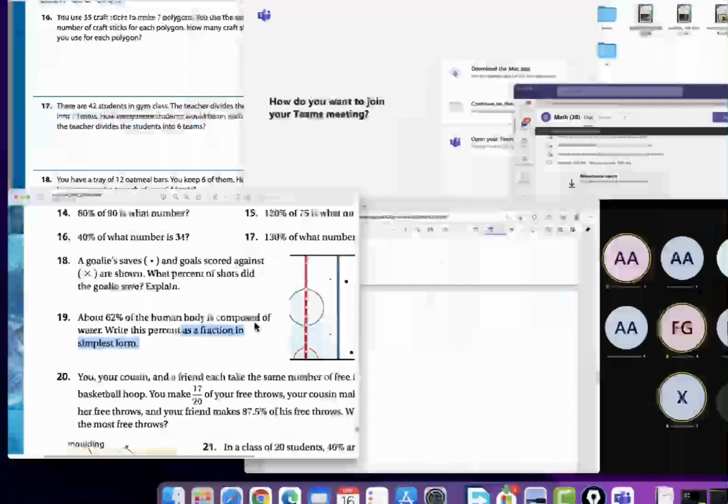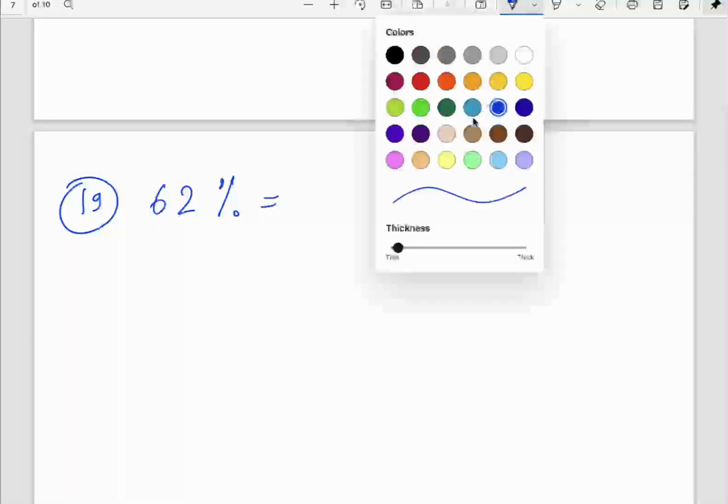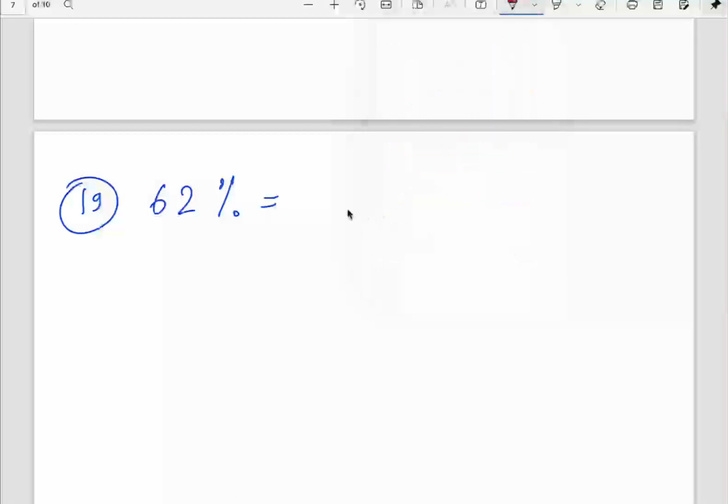Okay, so we have 62% and we need to write it as a fraction. Just tell me what is the fraction, then we will go to the steps. We will simplify later. But let's write it first.